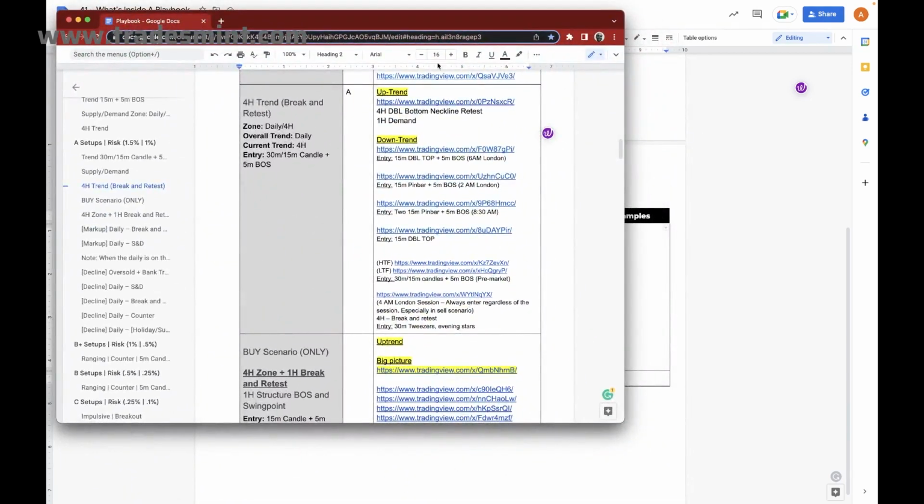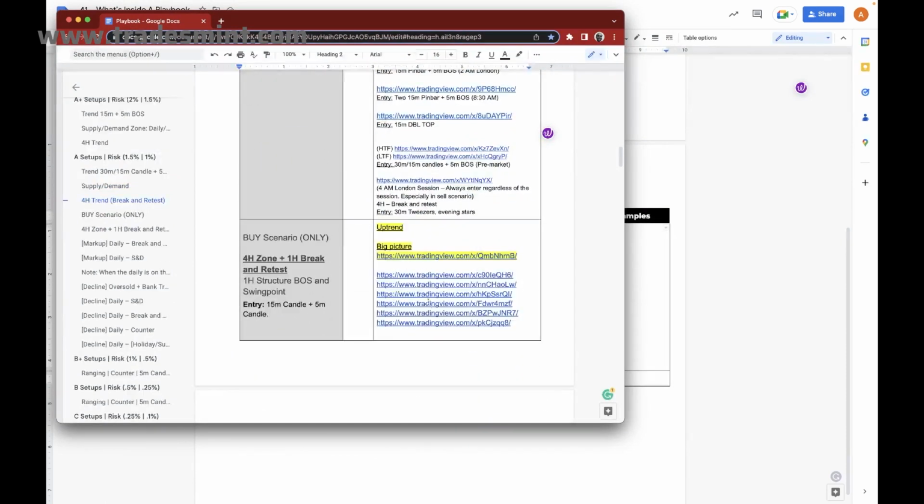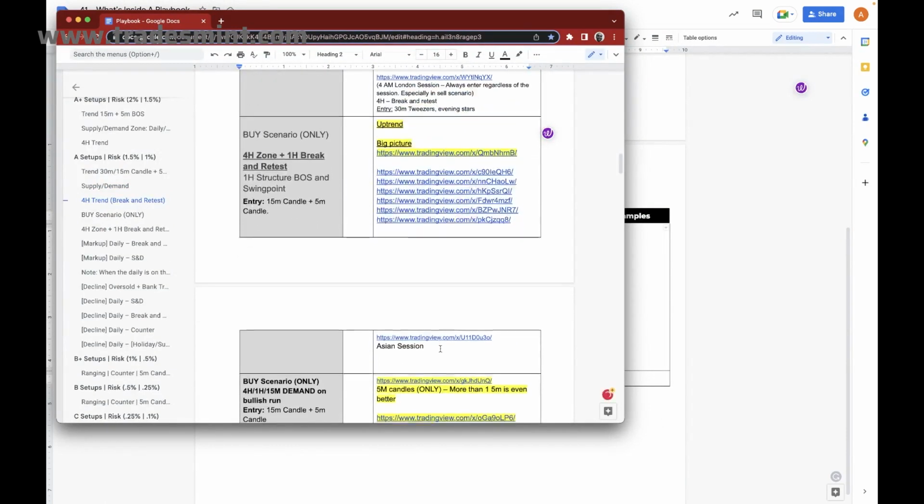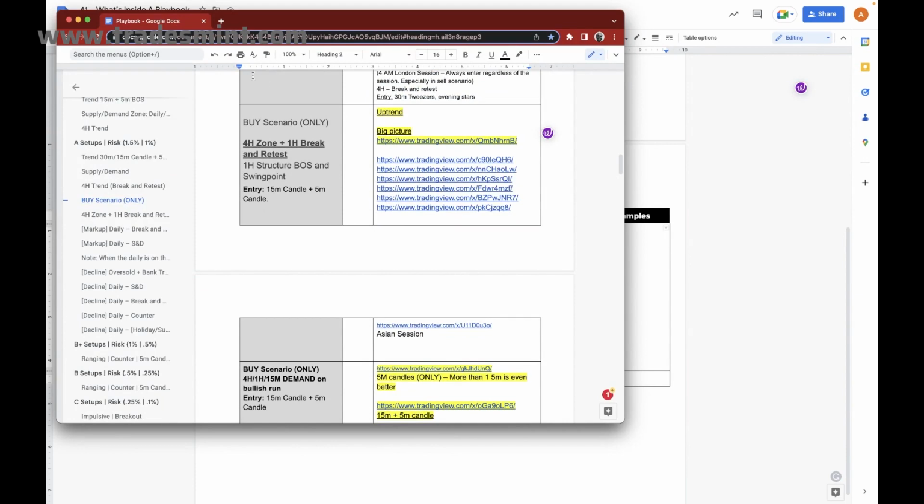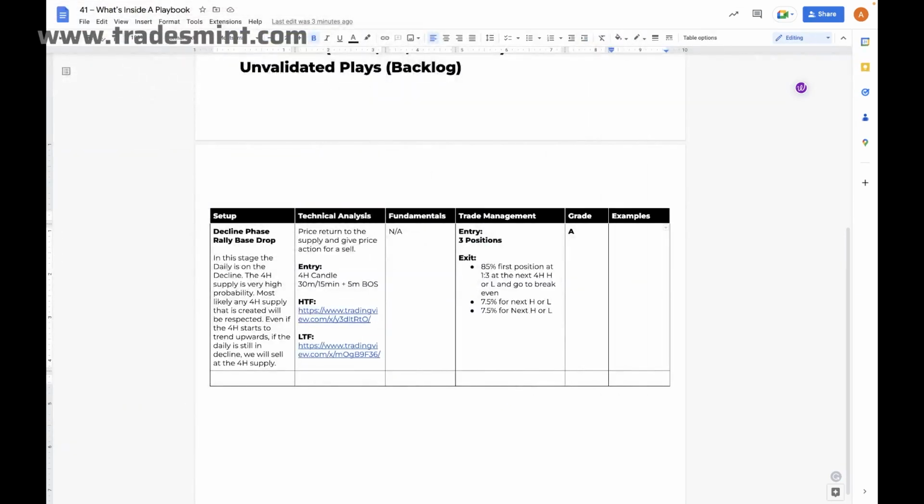You can just do it in notes. So here I have all these different examples here. Okay. So you can do it in a Google sheet. But for me, my playbook is growing. I don't want to organize it all in one sheet, but I hope that this was beneficial.